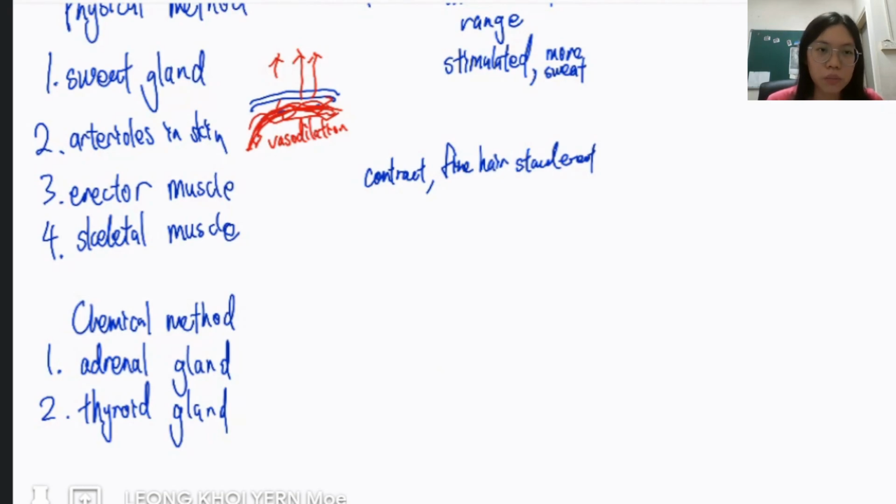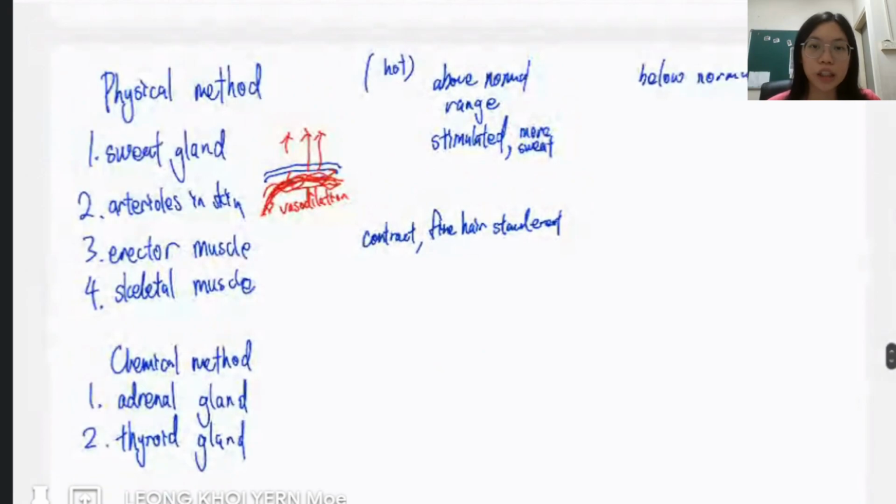So less metabolism means lesser heat is generated. But when you're in a cold situation, the adrenal gland and thyroid gland are more stimulated to produce hormones, adrenaline and thyroxine, to increase the metabolic function. So when there's metabolic function, your body temperature will instantly increase lah. So yeah, that's how you actually compare.